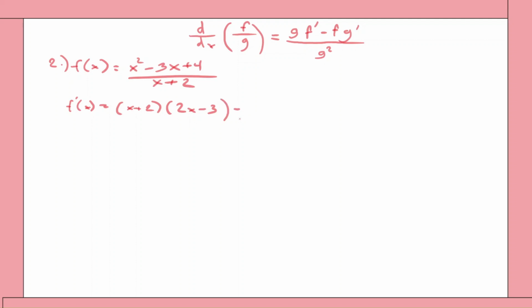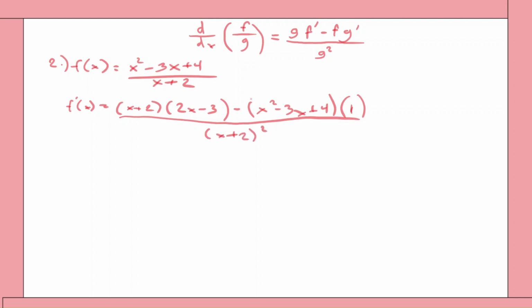Then we subtract the f function, which in this case is x squared minus 3x plus 4. And then we take the derivative of g: x's derivative is 1, and 2's derivative is 0, so 1 plus 0 is just 1. And then we have this all over the x plus 2 squared.